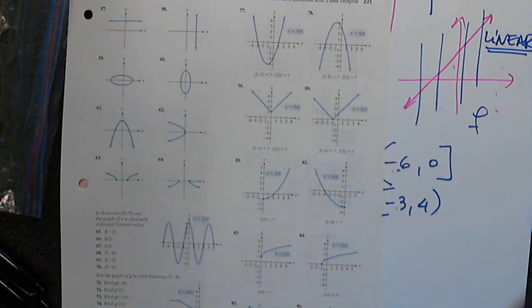It crosses somewhere here, and I read -2 point whatever. I agree with whatever you give me. -2.2. It's not exactly on there. It's further down.